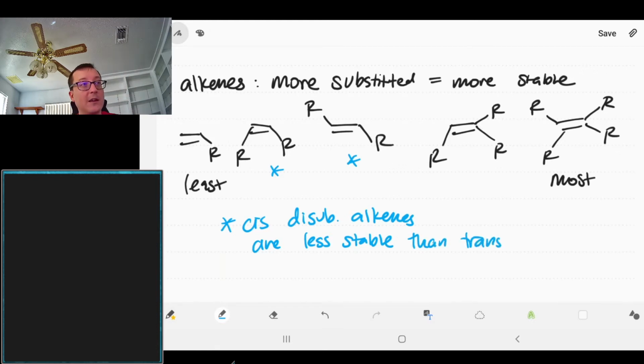So just keep that in mind. But they're still better than having just one substituent. So that's why we see the Zaitsev product is often preferred, because it will give you the more substituted alkene that's always more stable. So that's what we're looking for with these reactions.